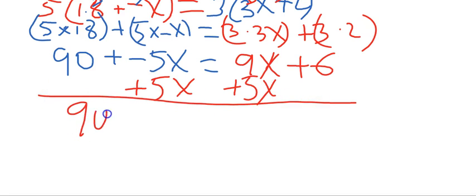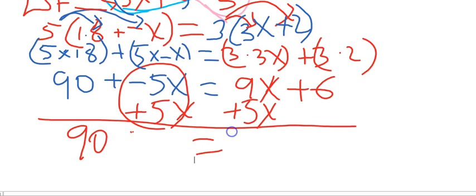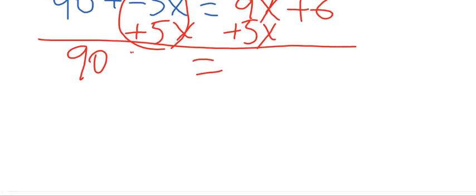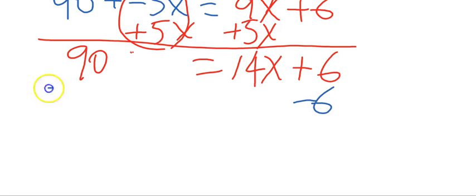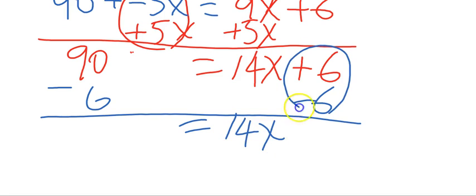So here we have 90 plus, this cancels out to be 0. Equals 9x plus 5x, which is 14x, plus 6. So now we are going to subtract 6 from both sides. So that gives us 14x here. This becomes 0.